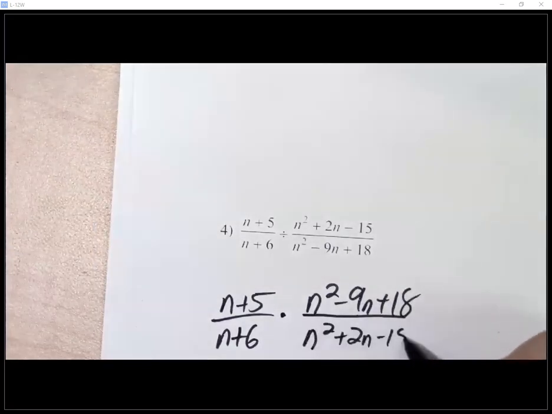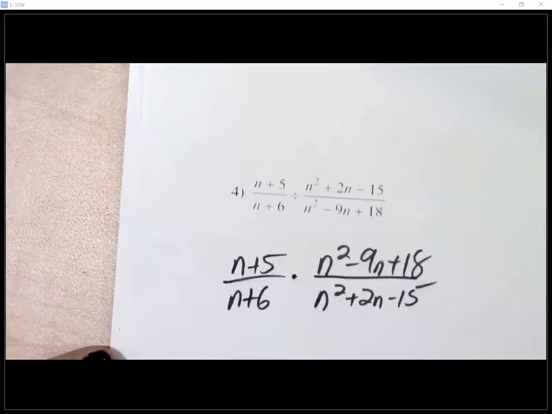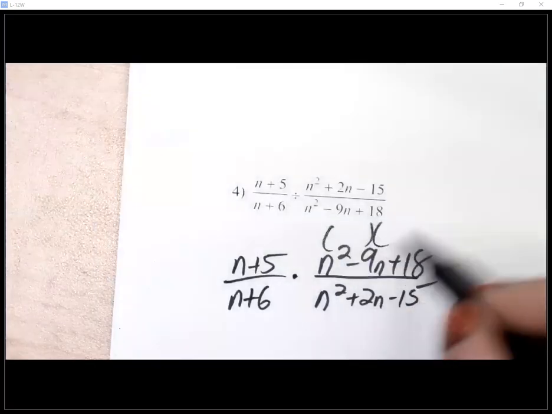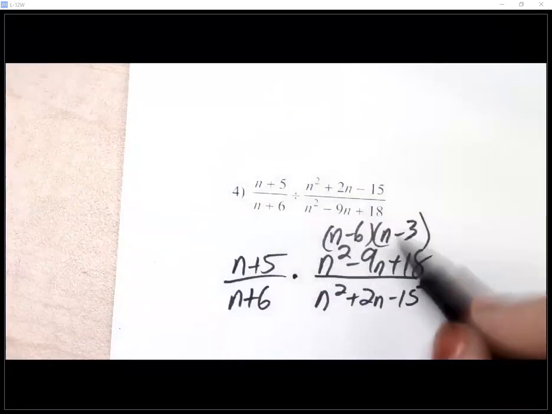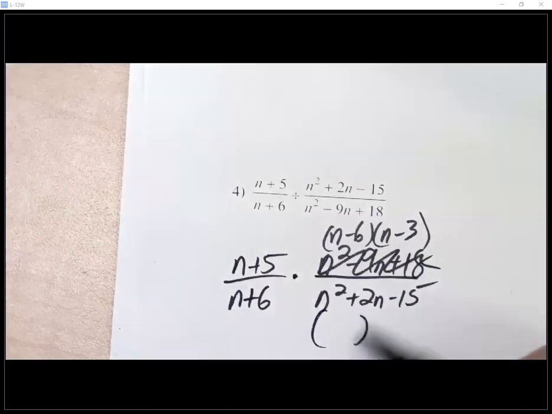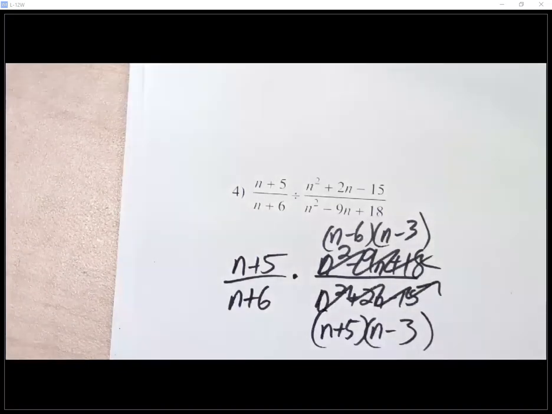Now it's a multiplication problem, right? So now all I have to do is factor everybody and cancel who will cancel. So what does that factor into? Minus 6 minus 3. This one can be plus 5 minus 3. Everybody is factored. Now let's cancel.